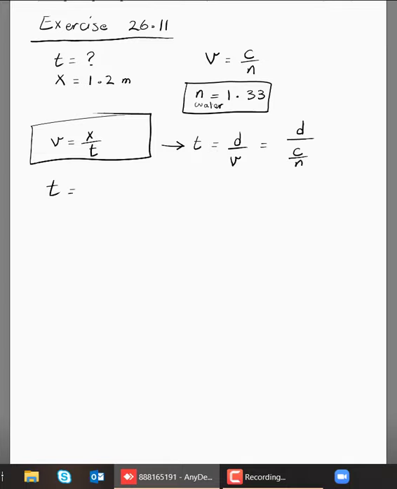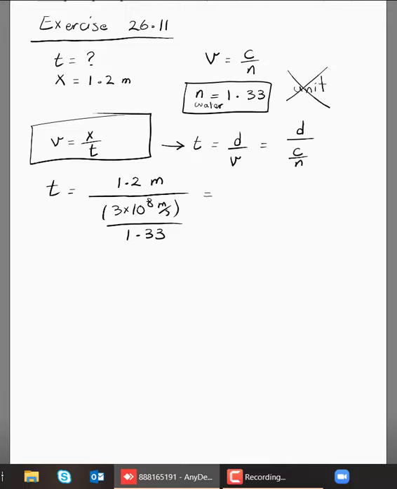So t equals 1.2 meters divided by 3 times 10 to the power of 8 meters per second divided by 1.33. One thing to notice is that the index of refraction does not have a unit. Now time is equal to 5.32 times 10 to the power of negative 9 seconds.